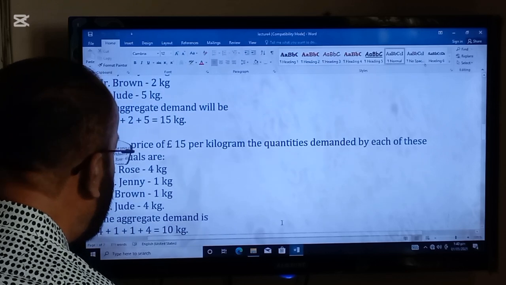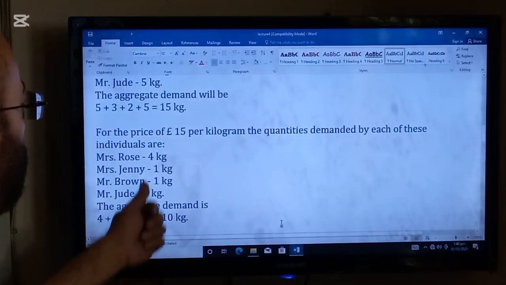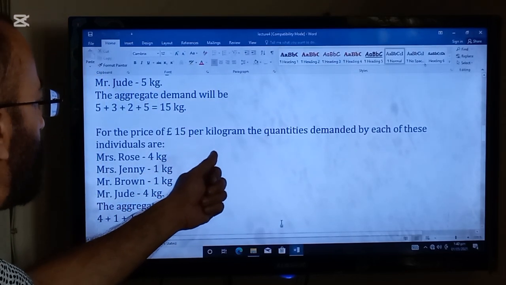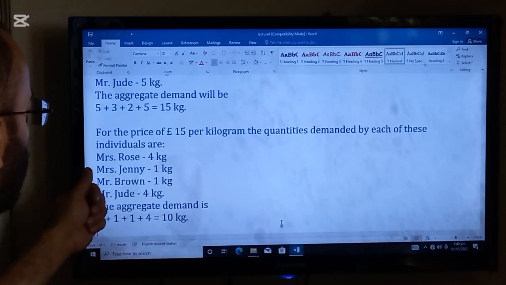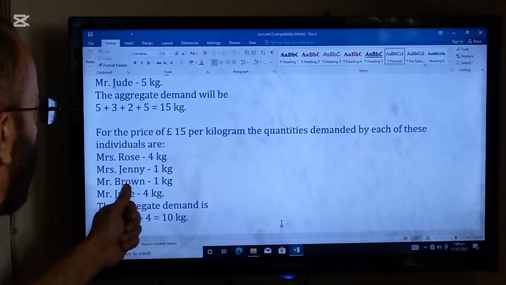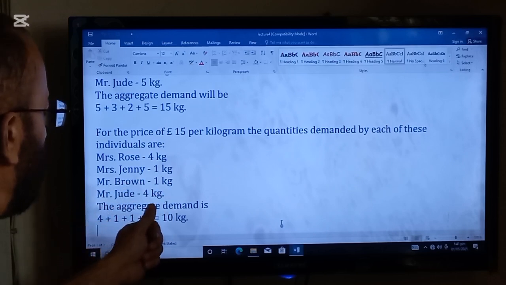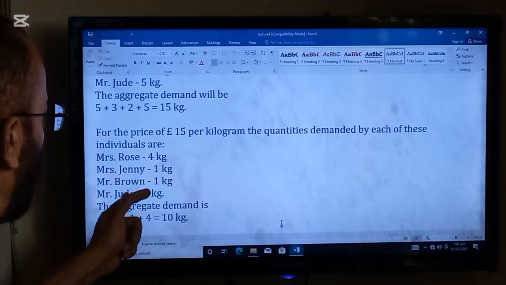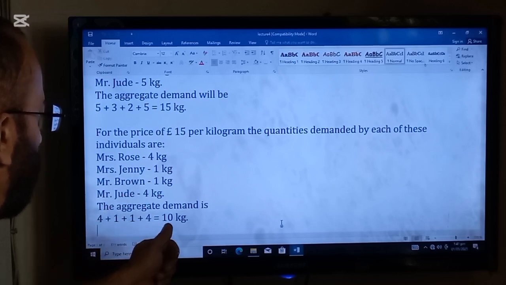For example, if the price further rose to £15 per kg, now the individual demands are: Mrs. Rose is demanding 4 kg, Mrs. Jenny 1 kg, Mr. Brown 1 kg, and Mr. Jude 4 kg. And after adding all these values, that will be equal to 10 kg.